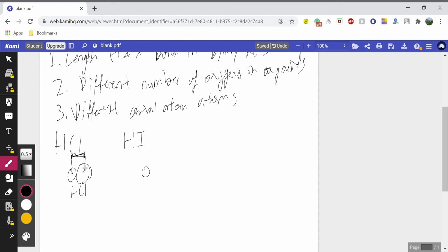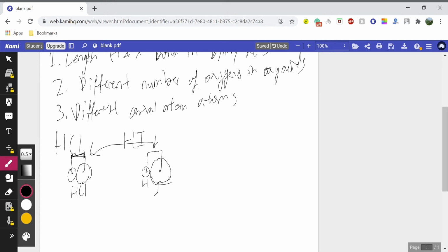Now HI, this is still our H, and I is all the way down on the periodic table at number 53. So it's much bigger. And this is the center. Now this distance will be longer than this distance.